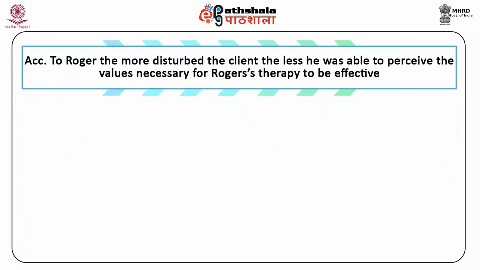Rogers found in his work that the more disturbed the client, the less he was able to perceive the values of genuineness, empathy, or unconditional positive regard, which are necessary for Rogers' therapy to be effective.